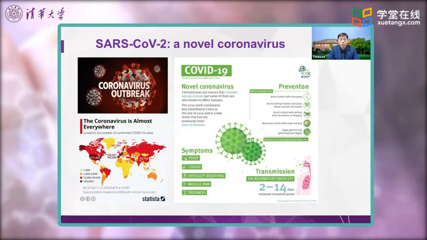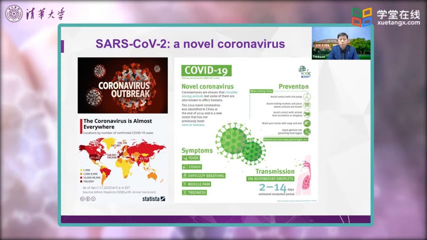This new coronavirus is a very new type of coronavirus found in 2019. It's very similar to SARS, but it's more infectious than SARS. The best way to protect us is to wear a mask.